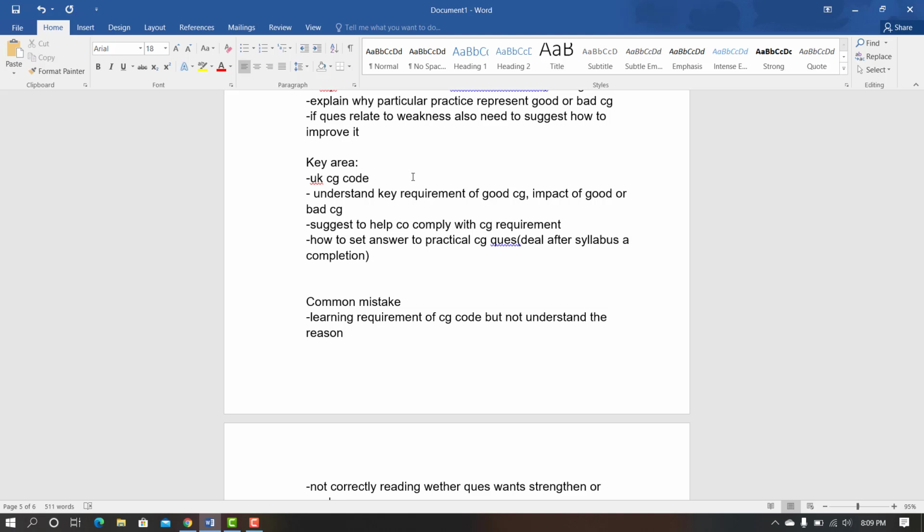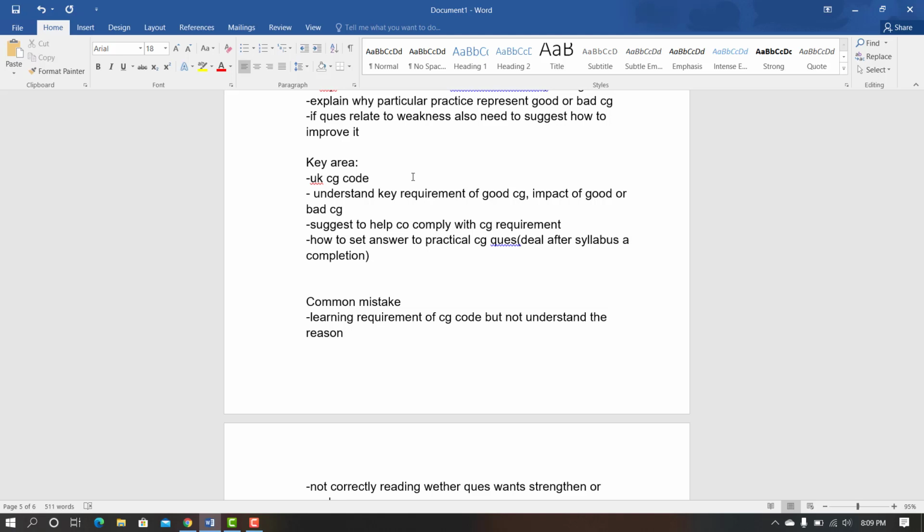They should also understand key requirements of good corporate governance and the impact of good or bad corporate governance, and also be able to suggest how to help a company with corporate governance requirements, and how to set out answers to practical corporate governance questions. This will be dealt with after completing syllabus A, so you don't have to worry about the practical constructive questions, but you also have to practice it.